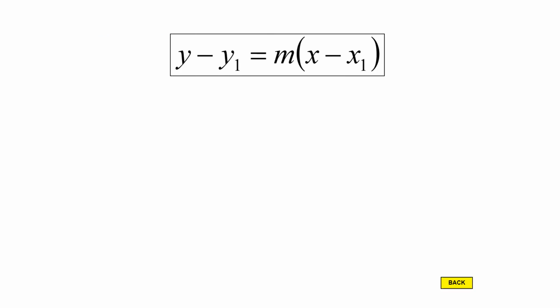So y minus y1 equals m times x minus x1 is point slope form. As we said, m is the slope and x1, y1 is the point that belongs to the line.